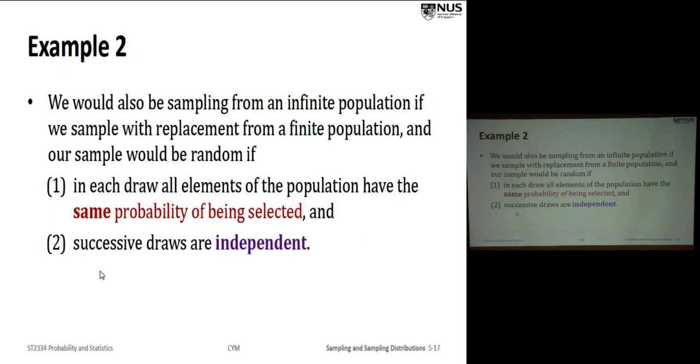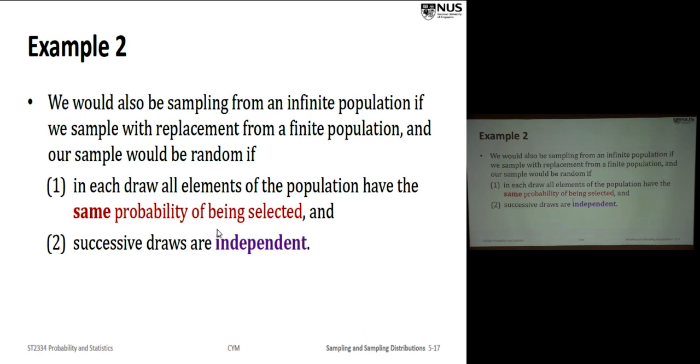Okay, so let's look at another example. We'd also be sampling from an infinite population if we sample with replacement from a finite population, and our sample is random if, firstly, in each draw, all elements of the population have the same probability of being selected, and each successive draw is independent.